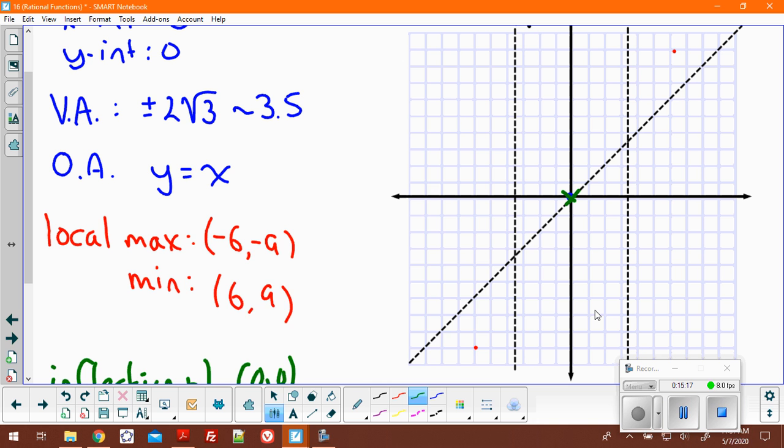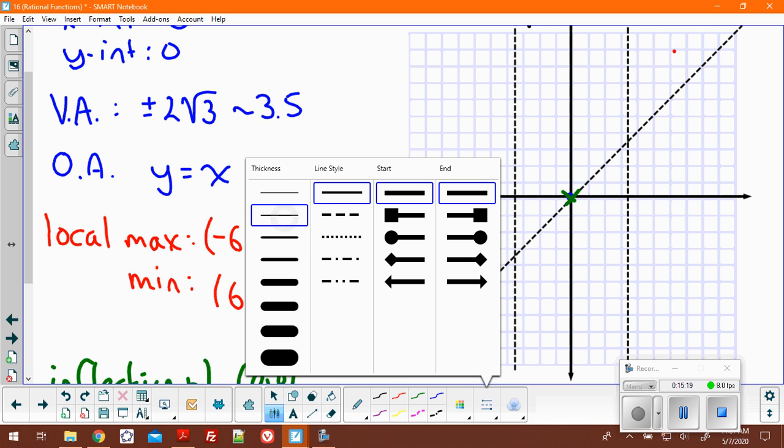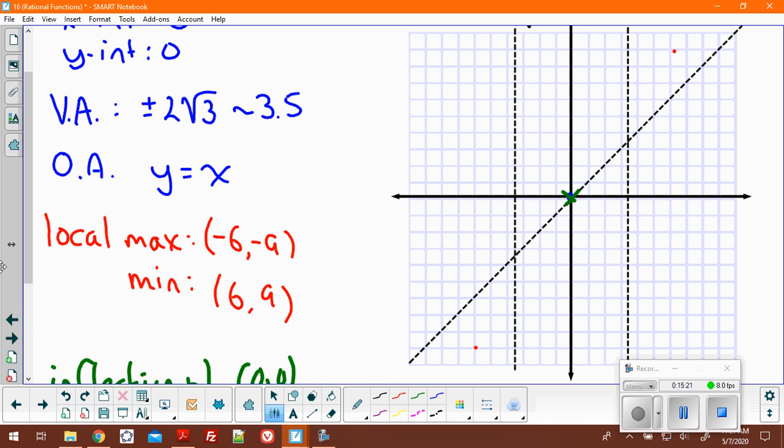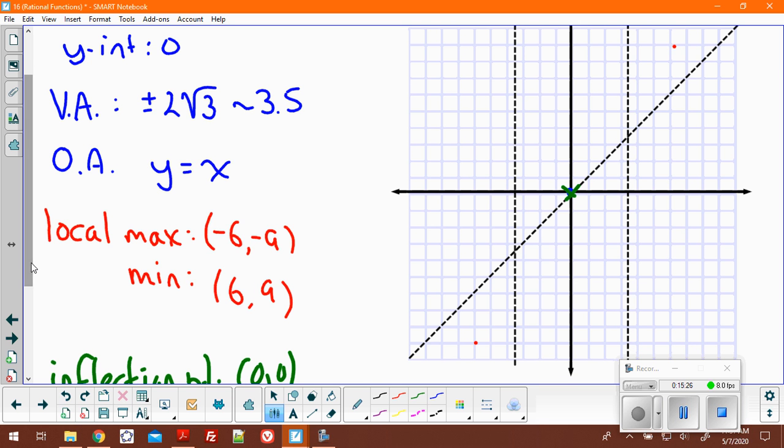So what does this function look like? Some other information I really should use here is the increase/decrease part. We said it was increasing up until that first max and min. It's decreasing everywhere else. We also said it was concave up. It keeps flipping back and forth.